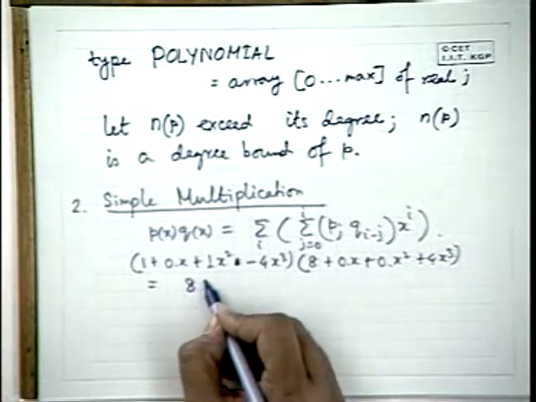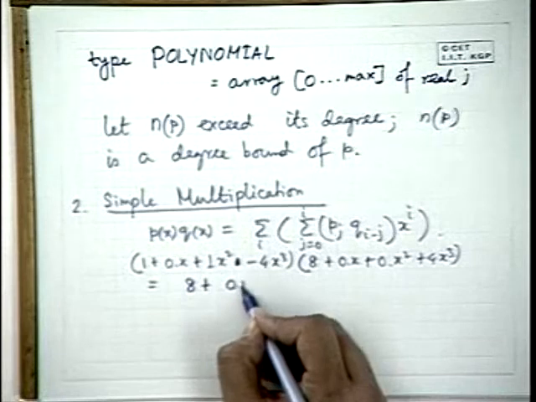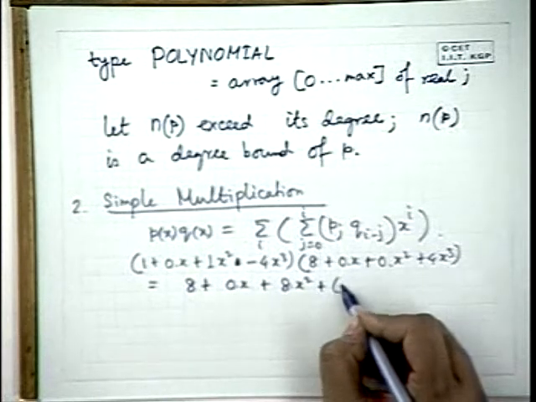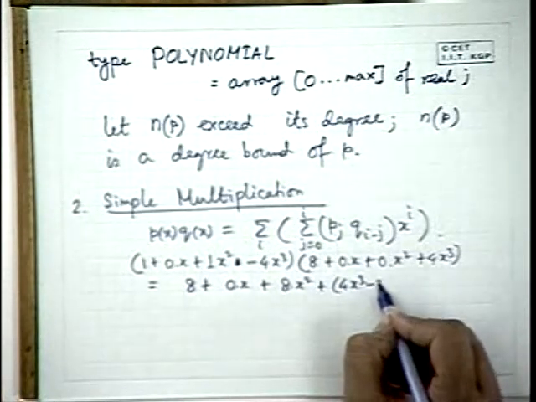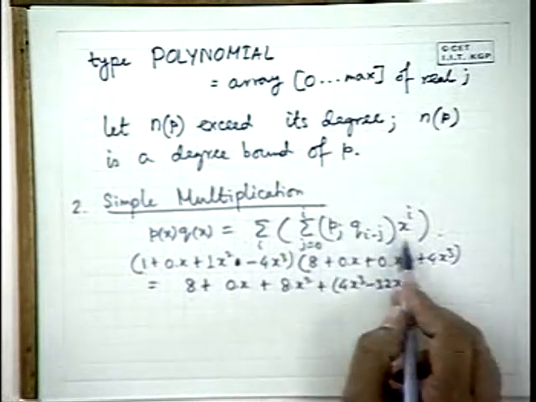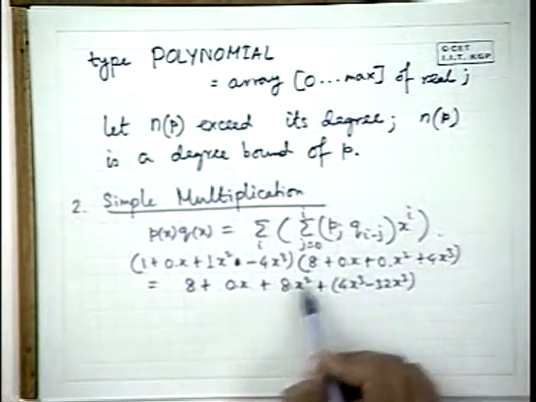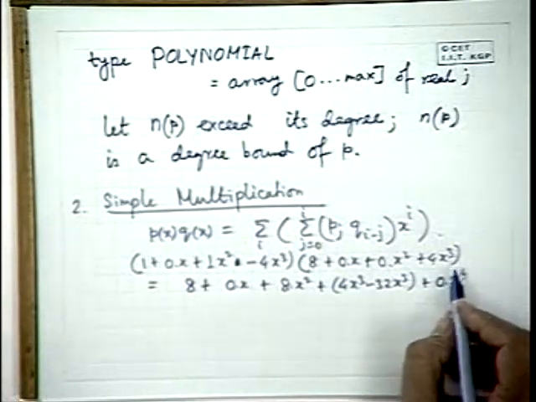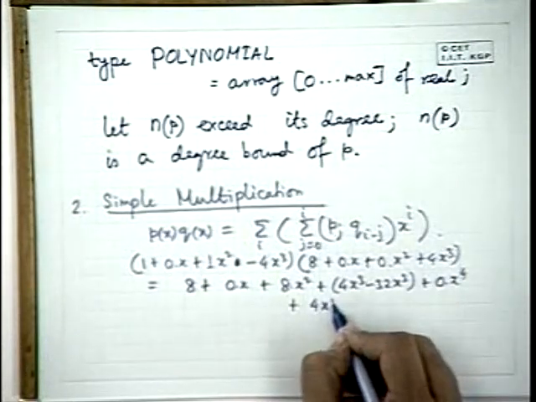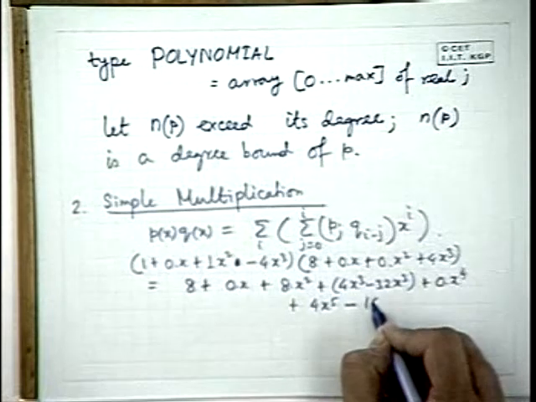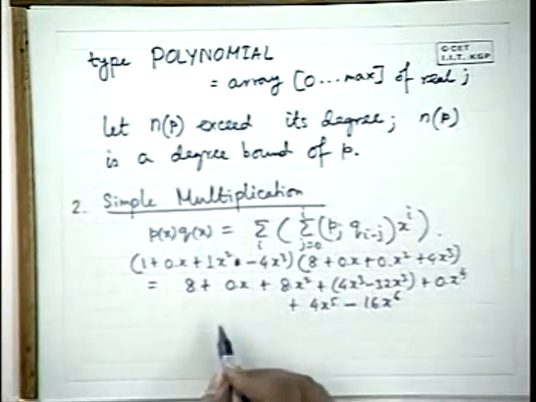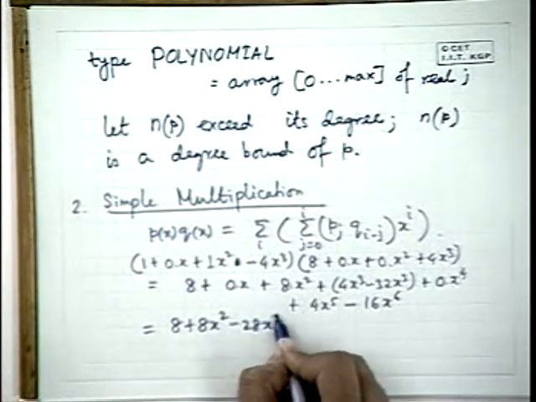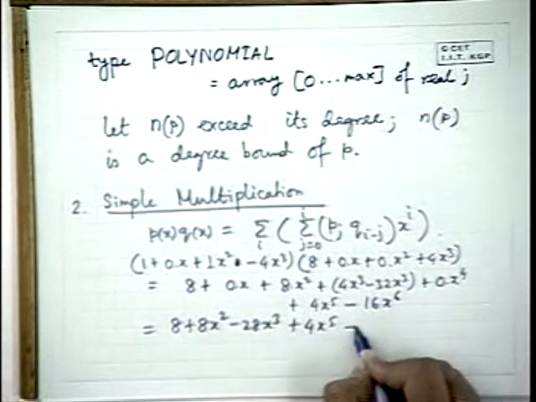First you will get 8, then you will get 0 times x, then you will get 8 times x squared, then x cubed will have 2 terms, 4x cubed minus 32x cubed. Using this formula you can verify this, because there are lots of zeros, not many terms will appear. Then for x4 there is only 1 term, for x5 there is 4 times x5, then for x6 there will be only 1, and that is it, that is your polynomial. So, if you add it up properly, it becomes 8x squared minus 28x cubed plus 4x5 minus 16x6.